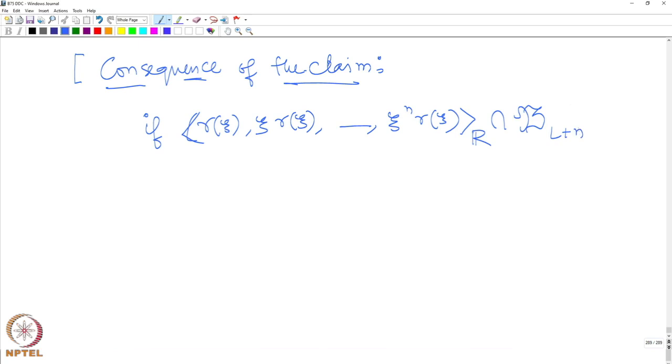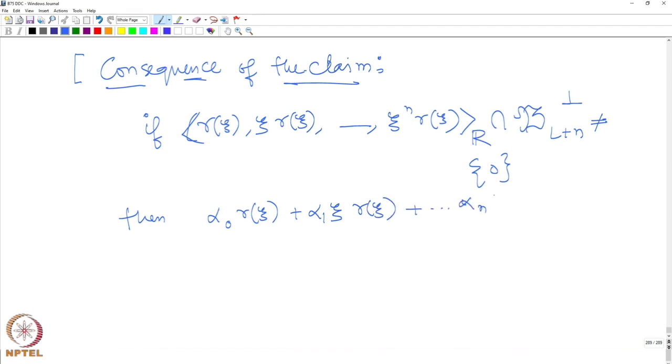B L plus n perp is indeed not equal to 0, then this means there exists a linear combination, namely alpha 0 R xi plus alpha 1 xi R xi plus dot dot dot alpha n xi to the n R xi, which must be equal to some f xi, a row vector of size 1 cross q, times R xi.